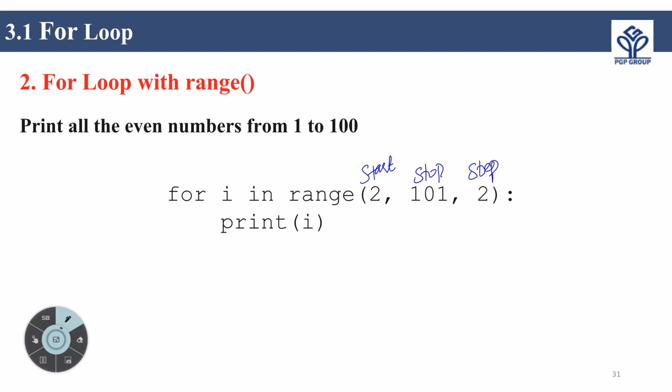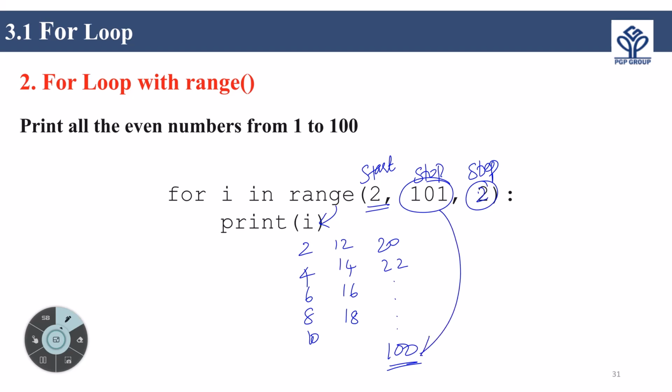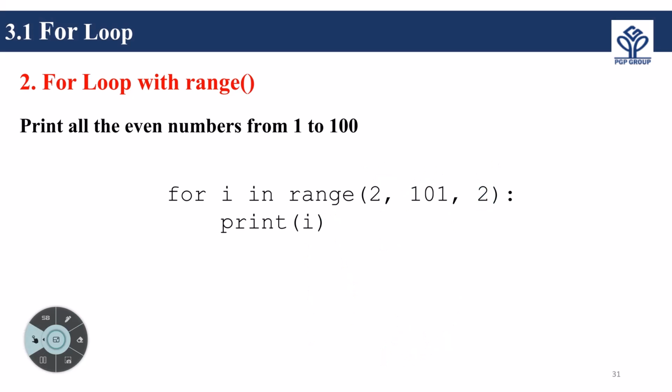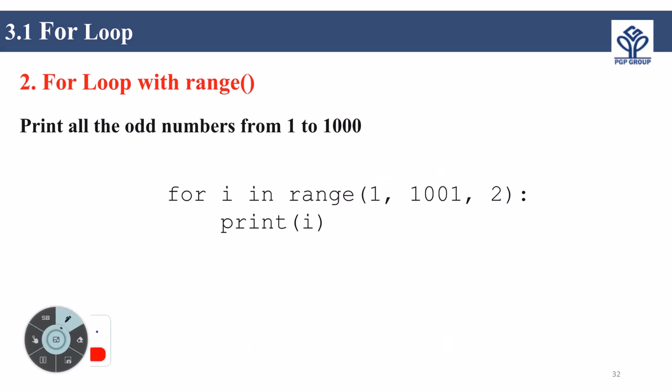So for i in range with starting value 2, the first printed value is 2, stopping value 101, skipping by 2 so only even numbers: 4, 6, 8, 10, 12, 14, 16, 18, 20, 22, up to 100. The value before the stop is what gets executed. Clear?